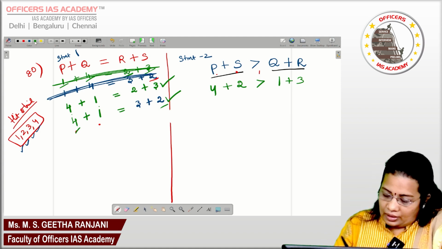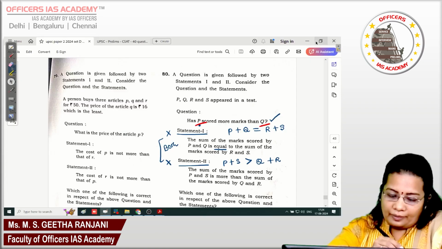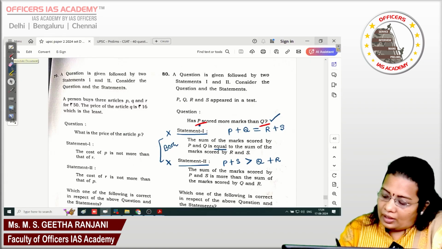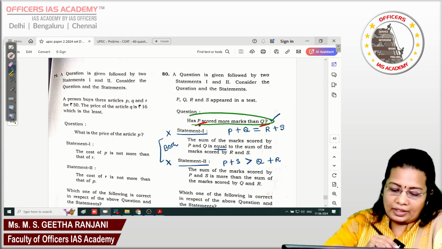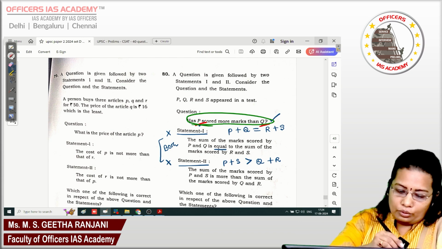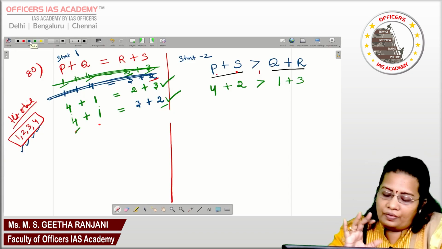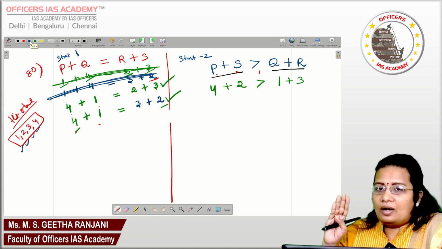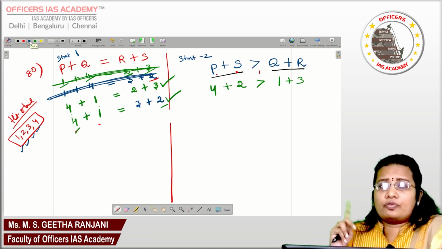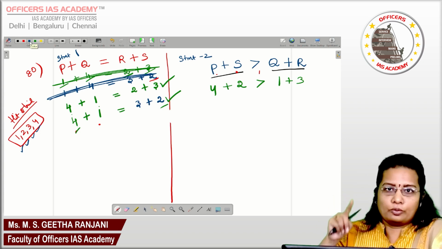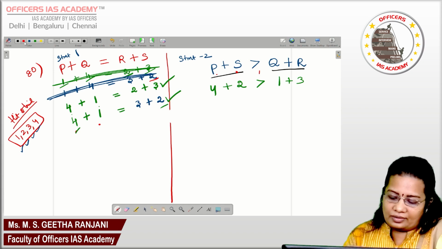Here, they are asking us to find whether P scored more marks than Q. In both the cases, if we have true as the answer, then we can say both the conditions are sufficient to answer the question. Suppose false, both the possibilities must be false, so that you can answer like that.